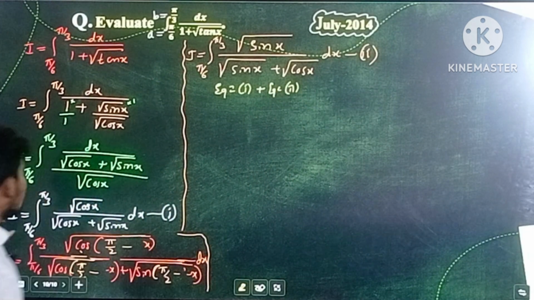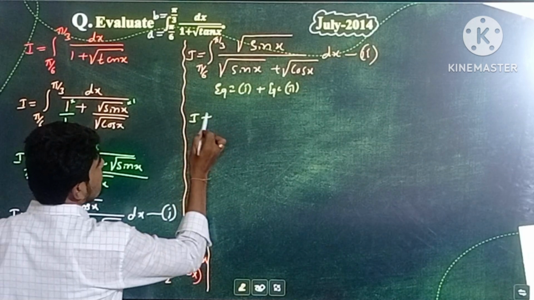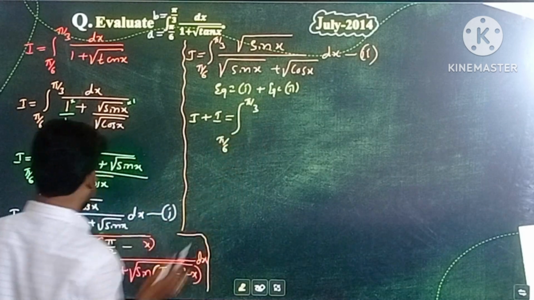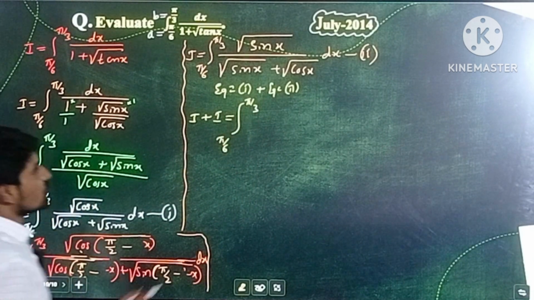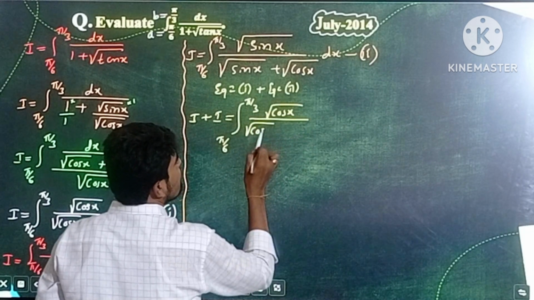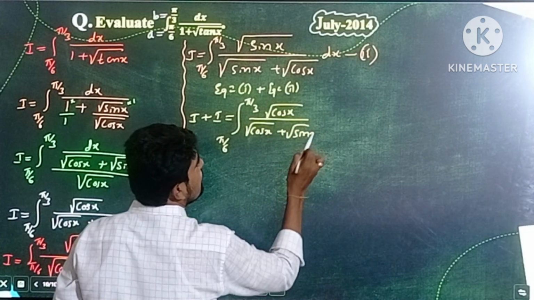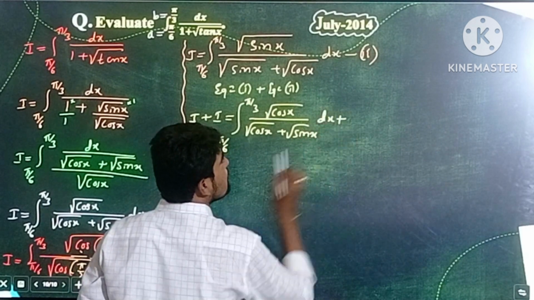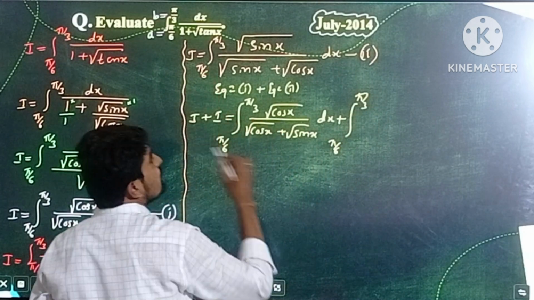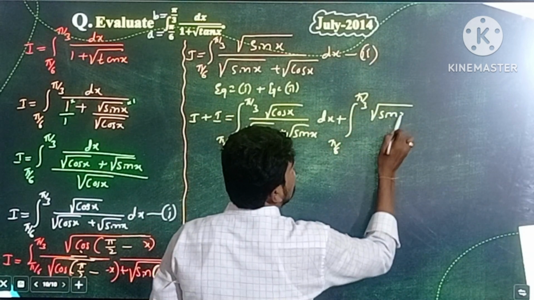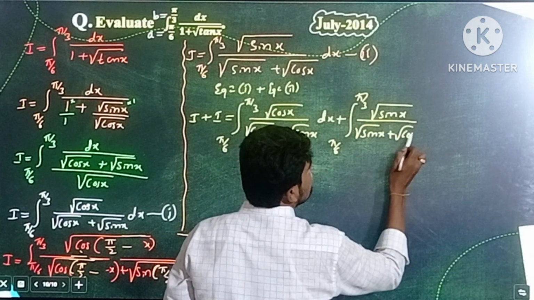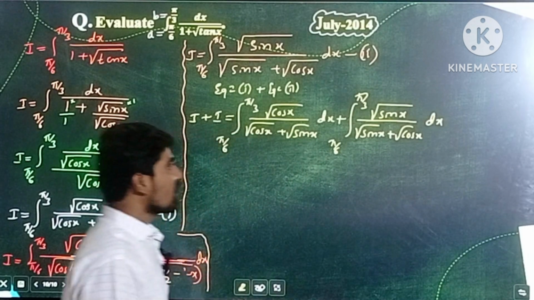So LHS is I plus I, integration from pi by 6 to pi by 3, root cos x divided by root cos x plus root sin x, with respect to x, plus RHS of second equation, integration from pi by 6 to pi by 3, root sin x divided by root sin x plus root cos x with respect to x.